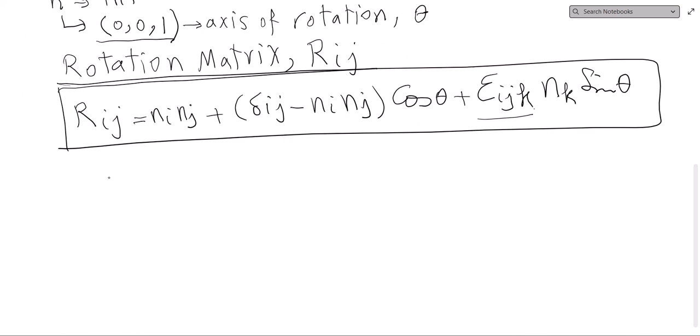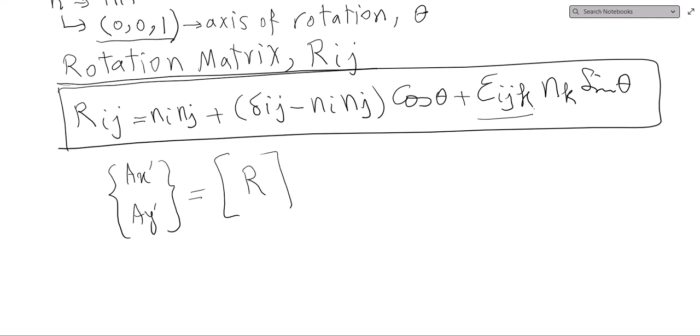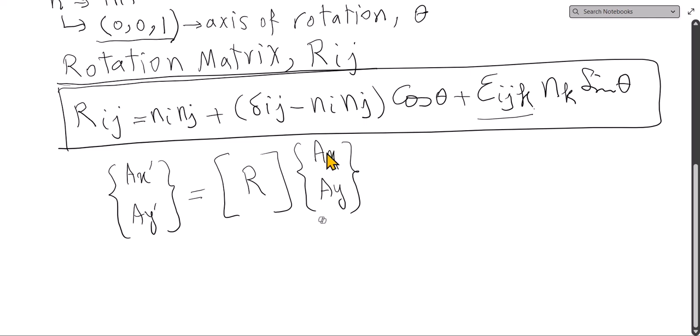And therefore, I come here and I say a_x prime, a_y prime is R times a_x, a_y. So basically you pre-multiply the vector which represents the components of a by R, and then you will get your results. So let's do it here.